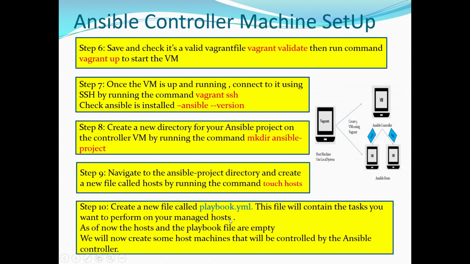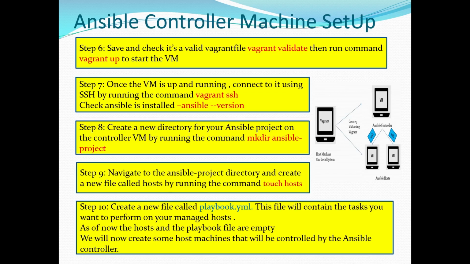Remember we said that the hosts file will have the data of the host machines, how many nodes you are managing, and the playbook.yml will have the tasks, the commands you are going to run.